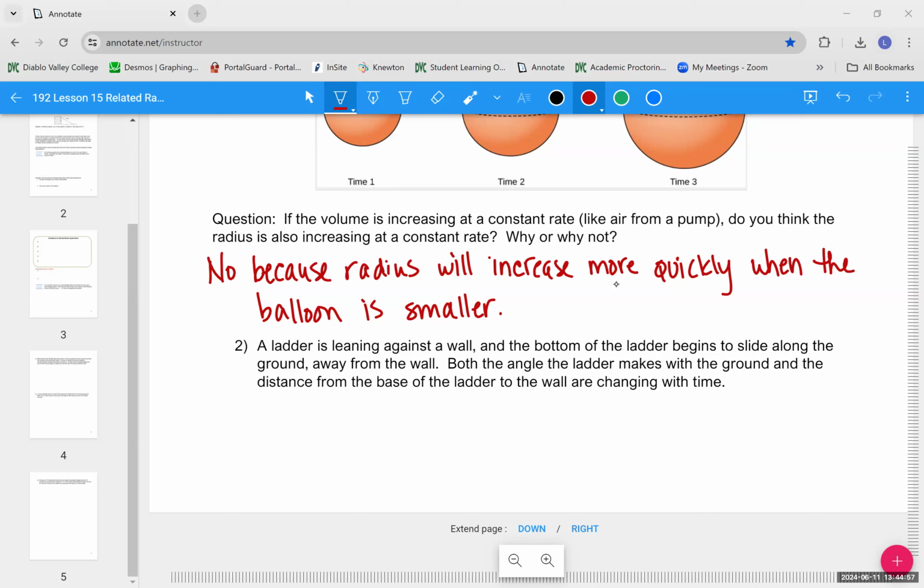And the reason is because when the balloon is quite small, the radius will increase very quickly. Like it will double. If it started at an inch, it will very quickly become a 2-inch radius, a 3-inch radius. But let's say the balloon was pretty big.